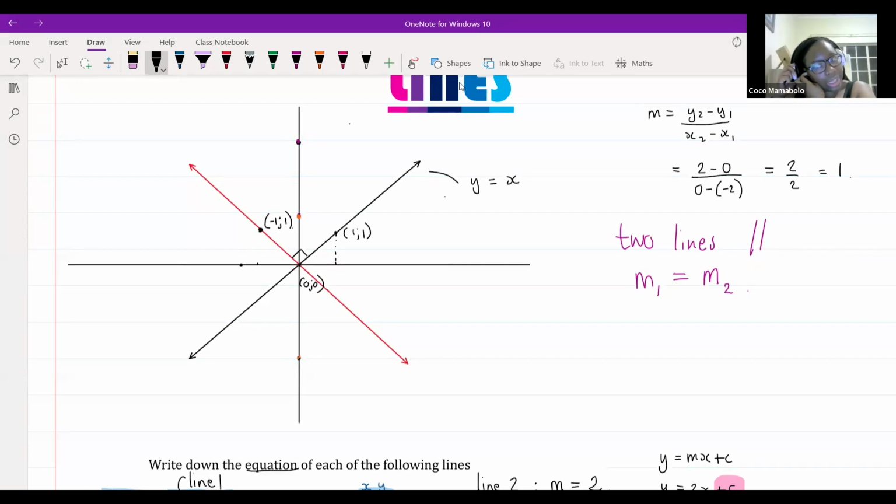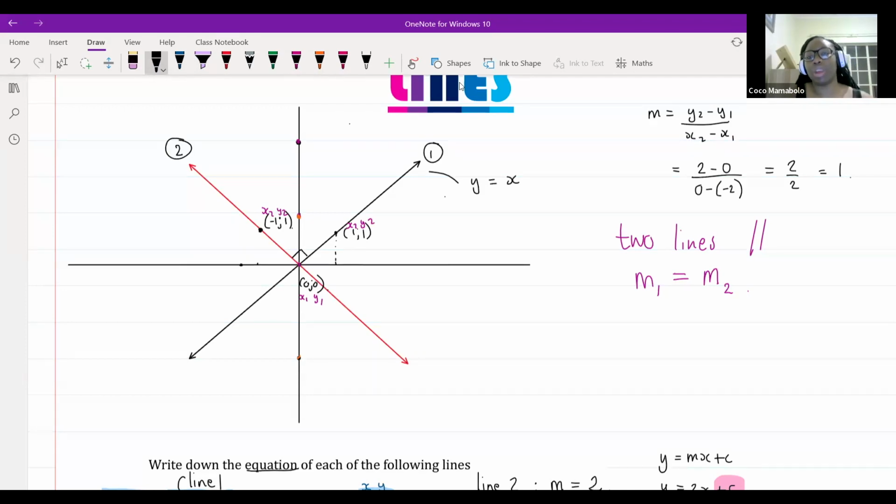If we calculate the gradient of these two lines, I'm going to name these points x2 and y2, and the origin x1 and y1. Both lines go through the origin, so they both use x1 and y1. Let's name this line 1 and this line 2.